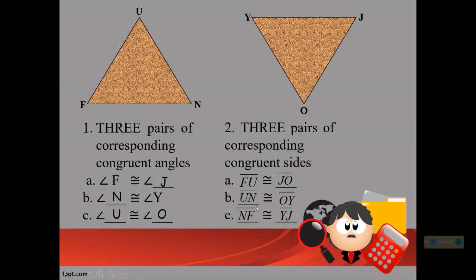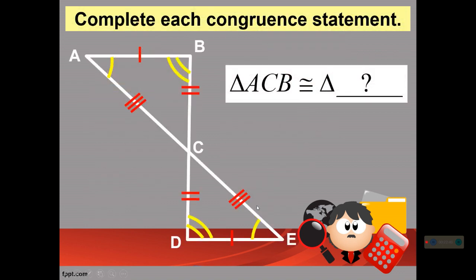Okay, any question? So let's proceed. How about this one? You're going to complete each congruence statement. Triangle ACB is congruent to what name of the other triangle? Triangle ECD is correct.